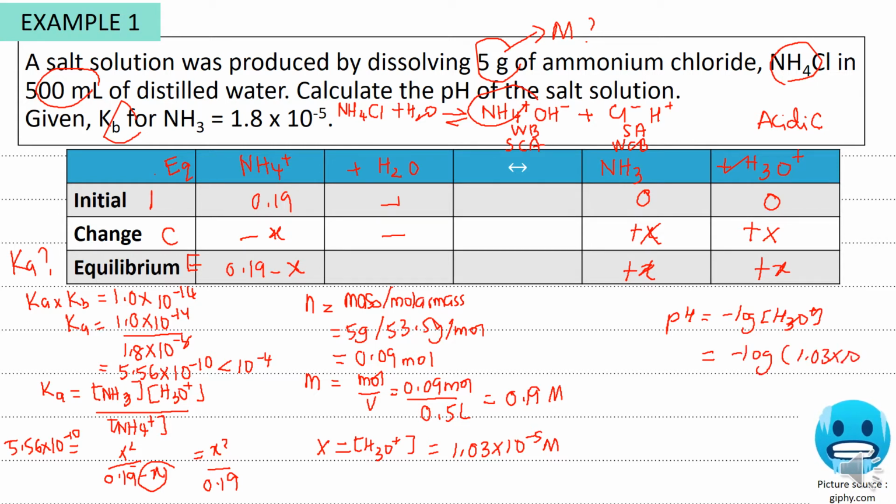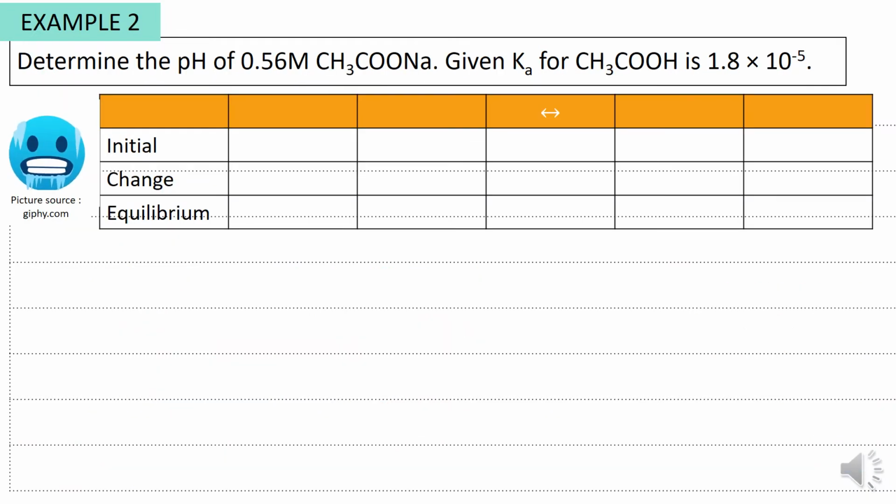This one is for the basic salt, but before that you need to confirm first whether it is basic or acidic. Similar to the previous example, you need to have the salt hydrolysis first.